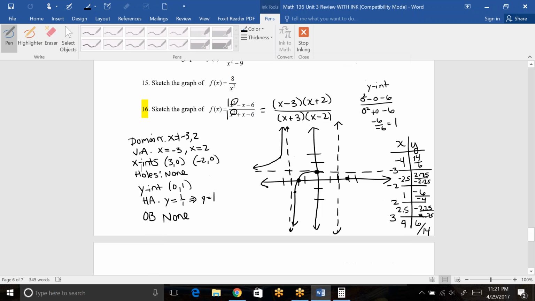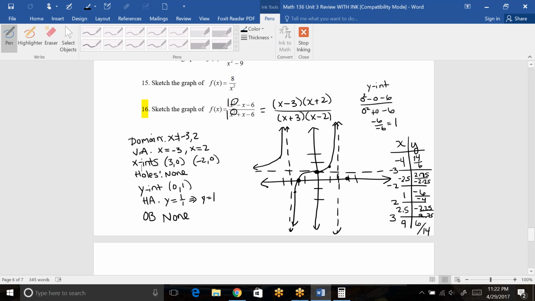So that's 1.5. So this is what I meant by I was pretty sure that we were going to cross that asymptote on this one because this was actually on the dotted line. So this guy is going up. So you kind of have an x-cubed shape here. You're down on the left of the y-intercept and you're up on the right. But you still can't cross those vertical asymptotes, so you have to go down and up.